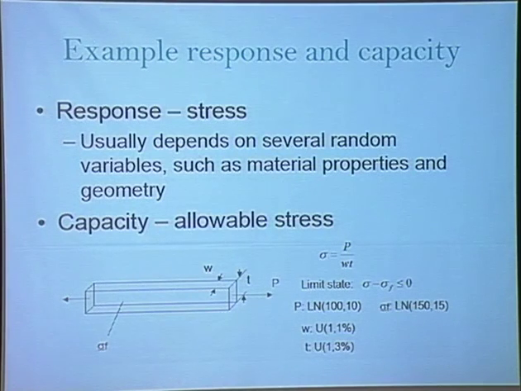So when you are in the geometry specification where the engineer says, I want this dimension to be 1 inch plus or minus 0.01, you say, okay, that's the distribution that I'm going to assume, uniform between those two.